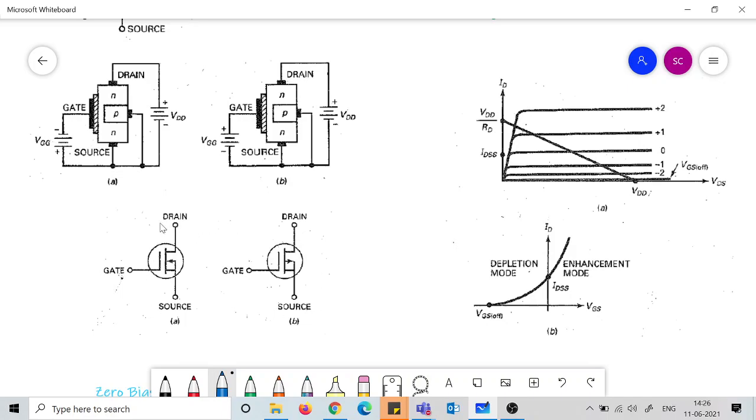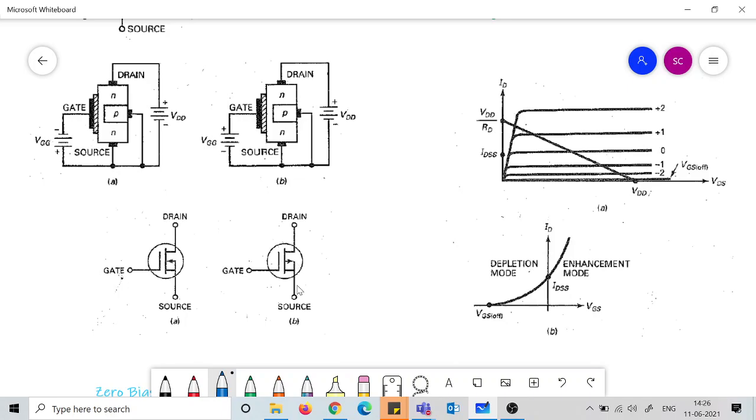Just look at the symbols. When we have VGS less than 0, the arrow is pointing inwards. And when you have VGS greater than 0, this arrow is pointing outwards.